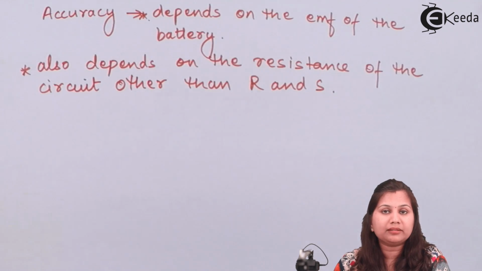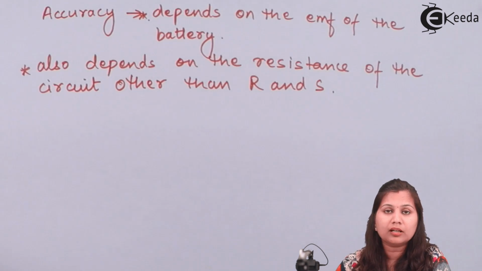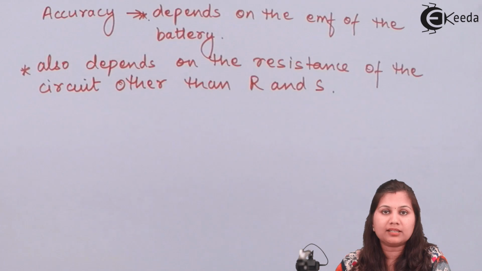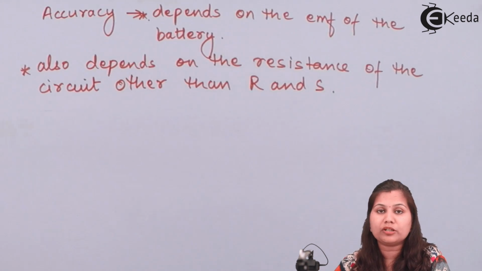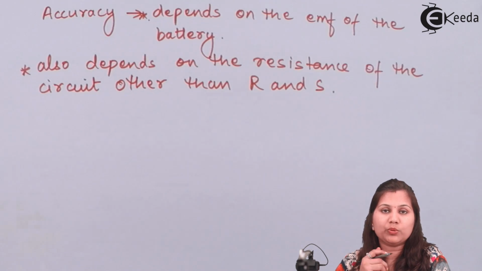Now there are other methods also which are used for the measurement of medium resistances, like the ammeter voltmeter method. If we compare the two methods, substitution method and ammeter voltmeter method, then the substitution method is more accurate than the ammeter voltmeter method, because in the ammeter voltmeter method we are using an ammeter and a voltmeter, and then we are measuring the resistance by dividing the readings of the voltmeter and the ammeter.